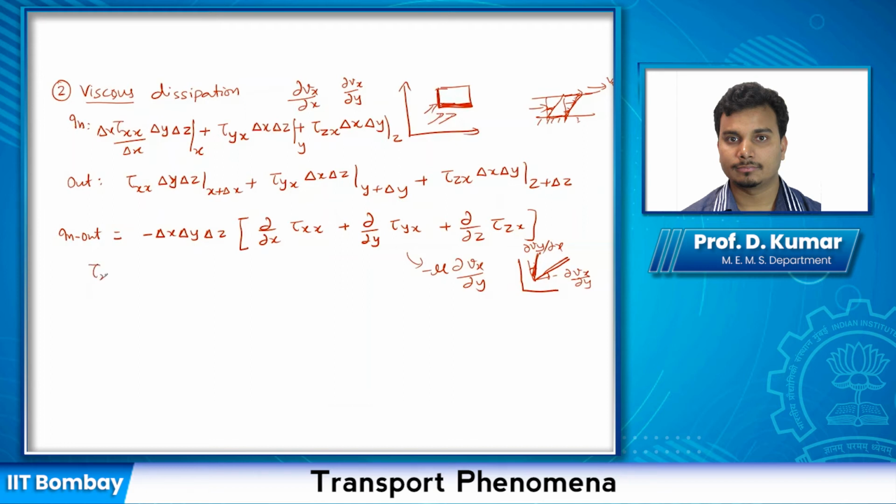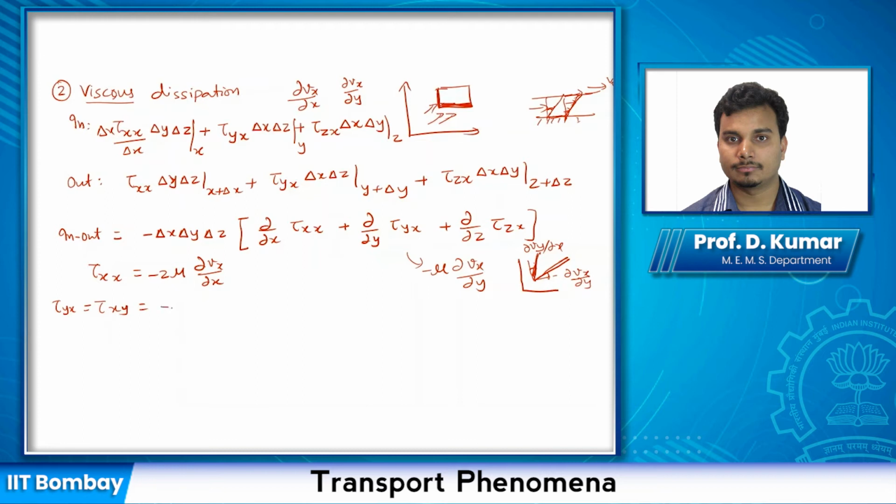So tau xx you can write as minus 2 mu dou vx by dou x, and tau xy, which is typically equal to tau yx. For mechanical equilibrium calculations, if you have done a course earlier, you would know these two are generally equal.